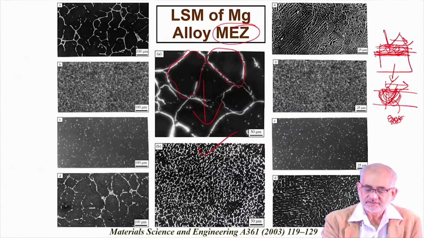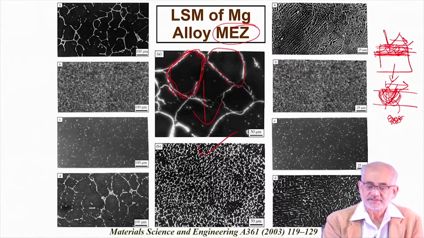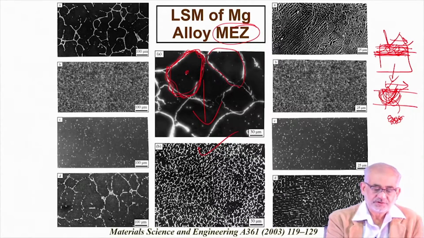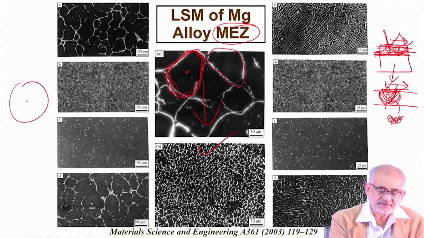As a result, these grain boundaries are decorated with compounds which are extremely resistant to chemical attack. So these regions act as cathodic, meaning they don't want to dissolve, whereas the core is highly anodic.